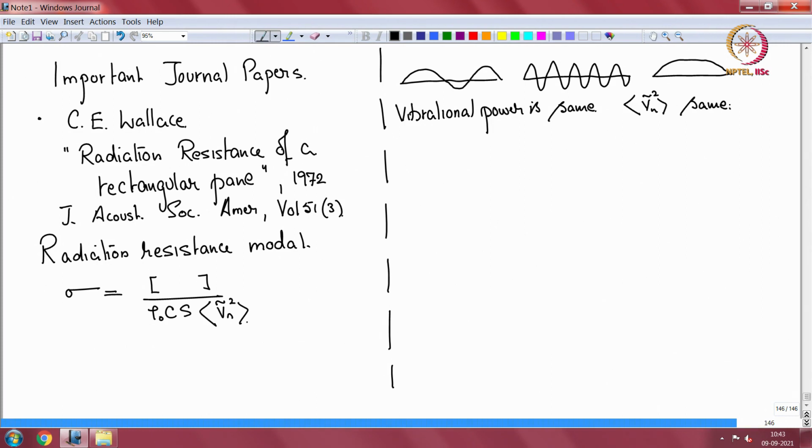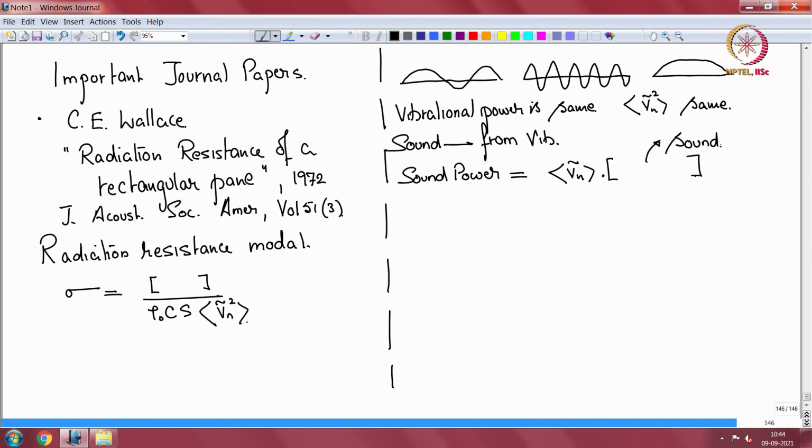Okay. Now, sound is first of all generated from vibrations. And therefore, if we talk of sound power, hypothetically, it will be this vibrational power into some other terms which talk about sound radiation, the mathematical expression that presents sound radiation.